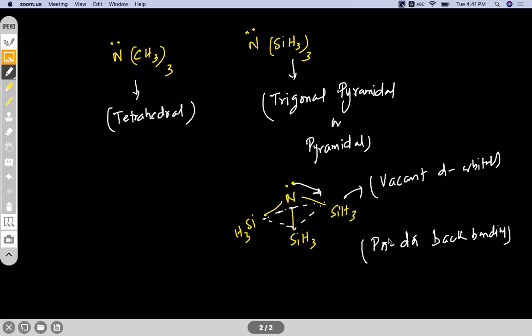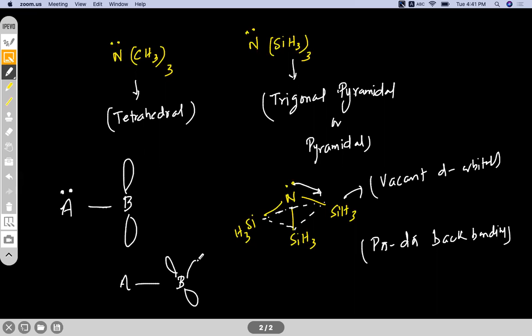Yeah. So these are the two types of back bonding we have: p-pi p-pi back bonding and p-pi d-pi back bonding. You see, both are a kind of resonance. Why is it a resonance? Because you see, A atom has lone pair, then a sigma bond. B atom either has vacant p orbital or vacant d orbital.